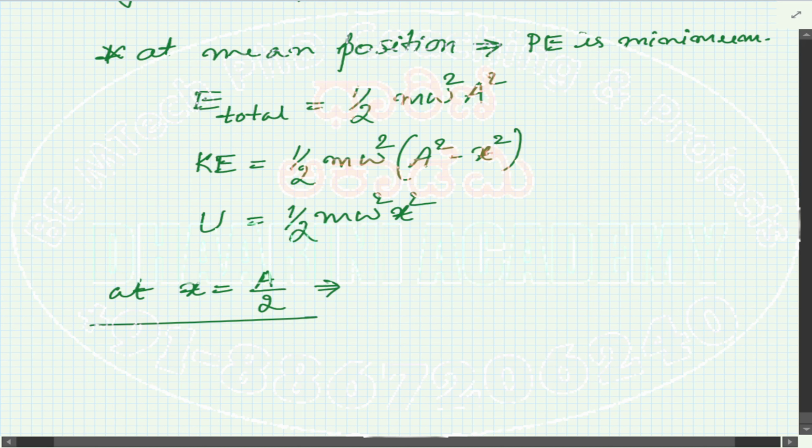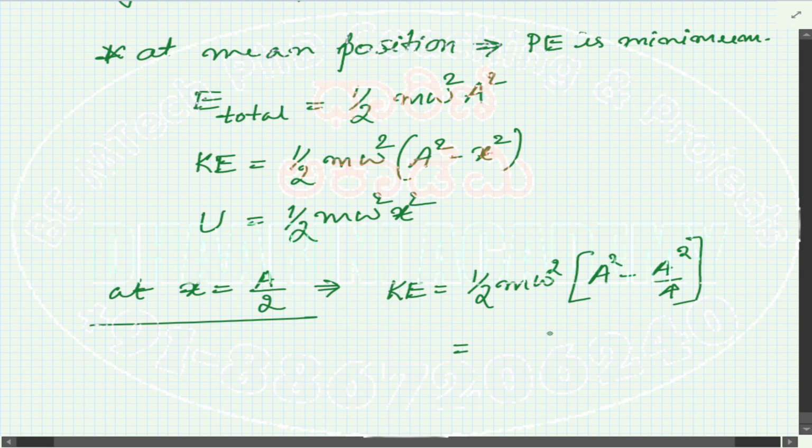Let's substitute: kinetic energy is half m omega square into (A square minus x square), so x square is A square by 4.